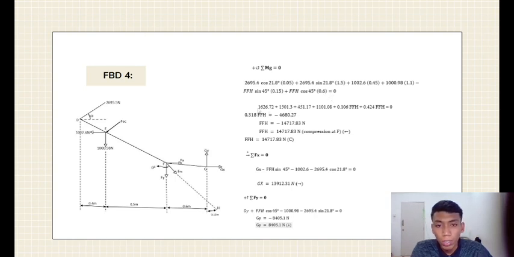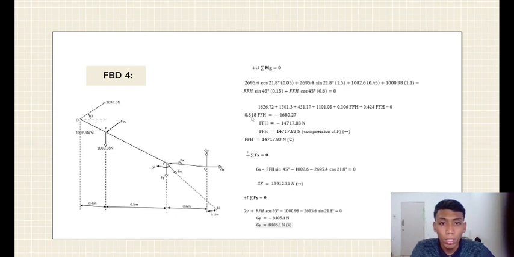So we can resolve to find the force at point FH. 1626.72 plus 1501.3 plus 545.17 plus 1101.08 plus 0.106 FFH plus 0.524 FFH equal to 0.